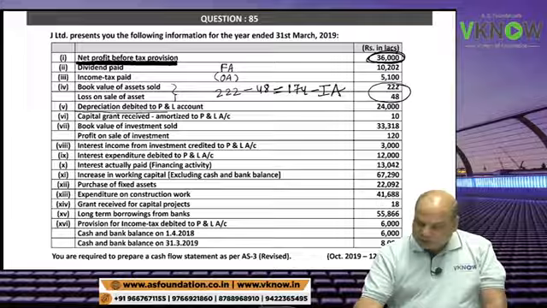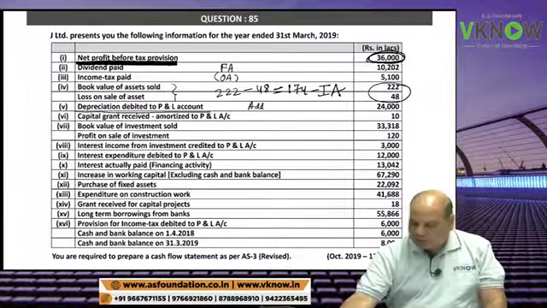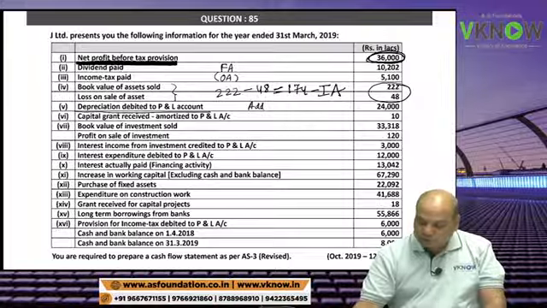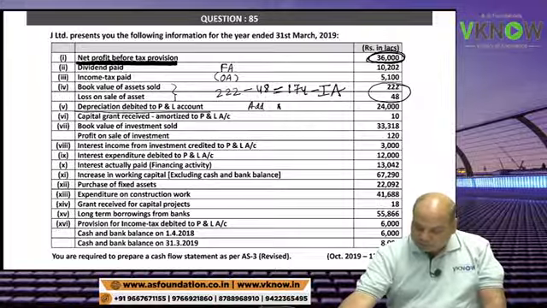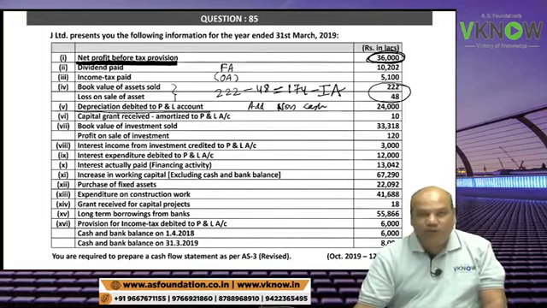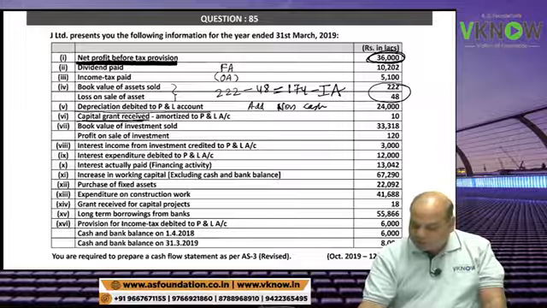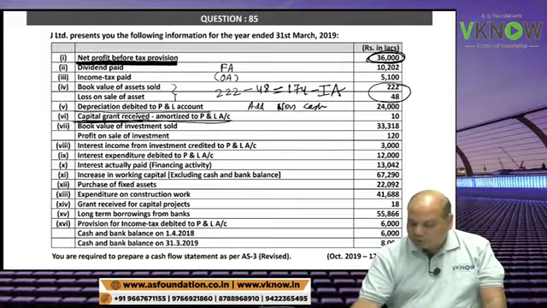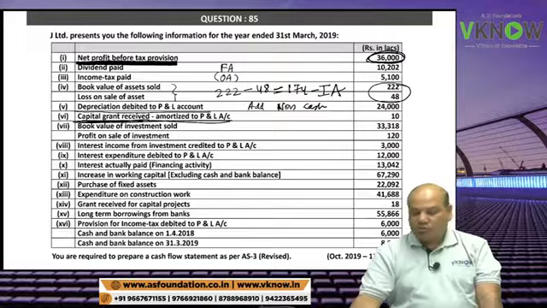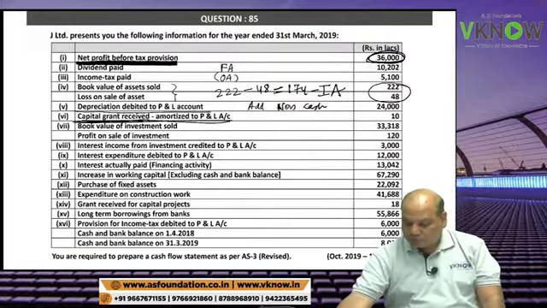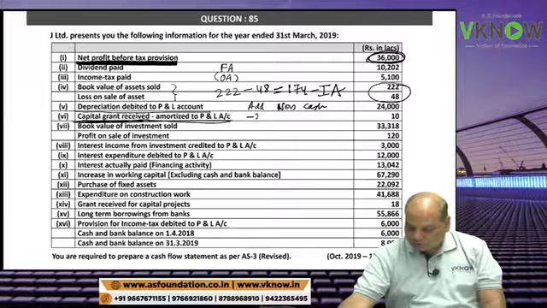Now you are given depreciation debited to P&L account. This you have to add back in profit figure. Why? It's a non-cash item debited to P&L account. Capital grant received amortized to P&L account, you remove it from here, minus from P&L account.